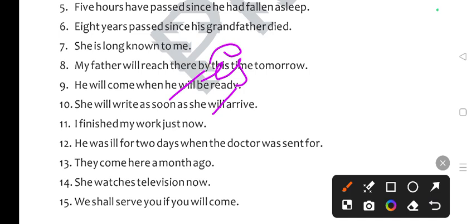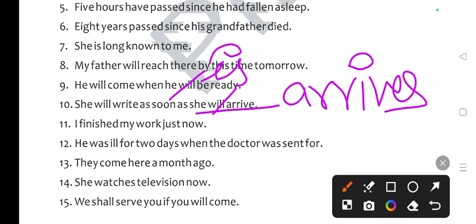Next, she will write as soon as she arrives. Okay, it's a kind of conditional sentence. In conditional sentence, if one sentence is in present tense or future tense, if it is in present future tense, then we write the second or the conditional part or the subordinate part in simple present.